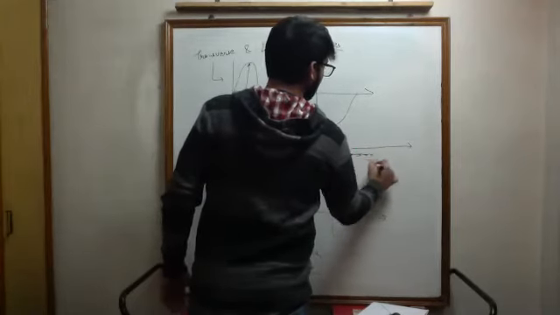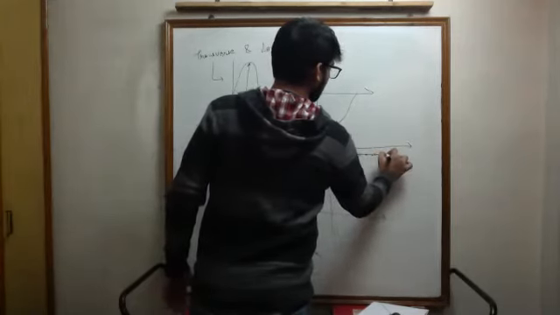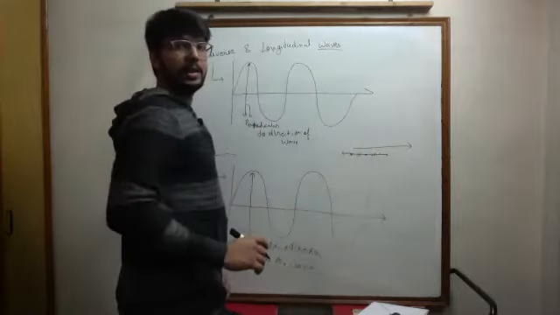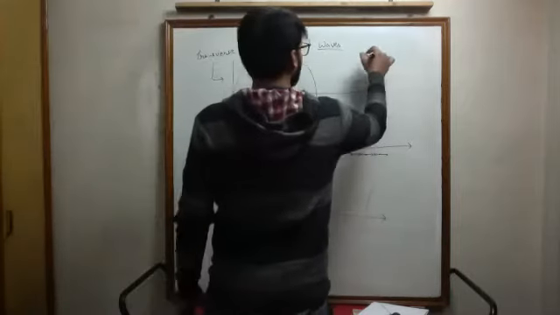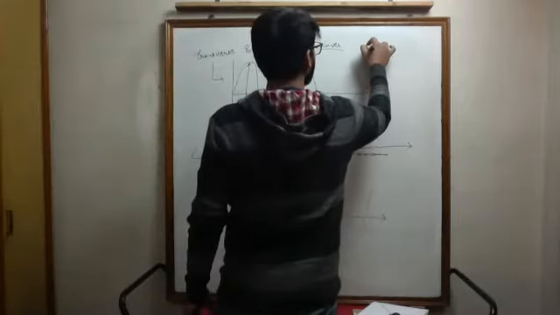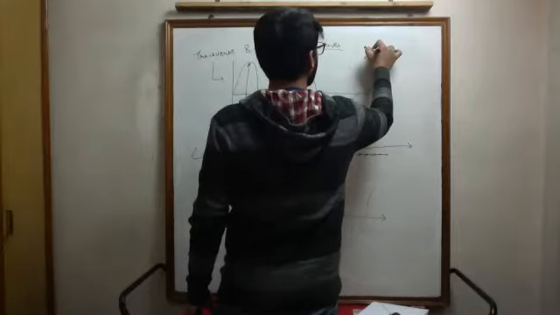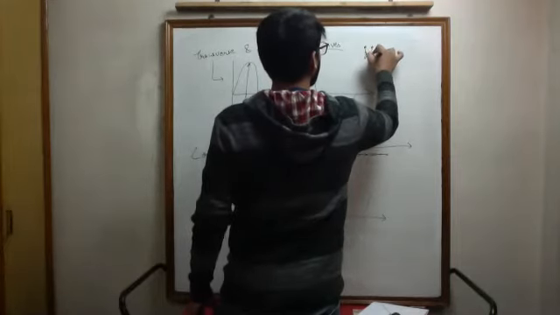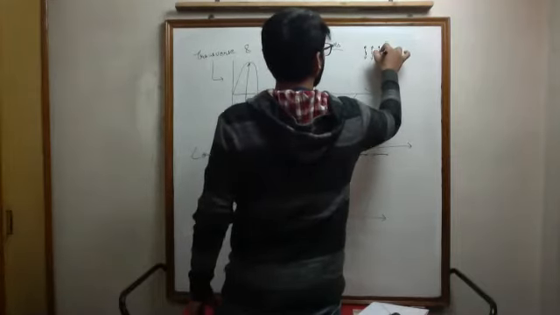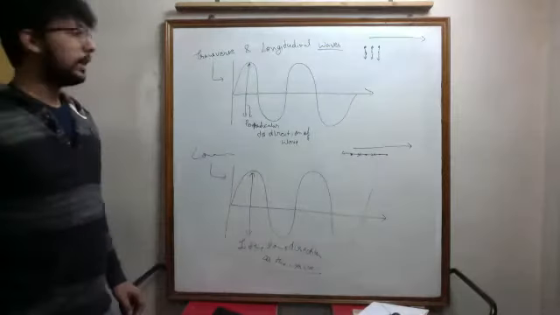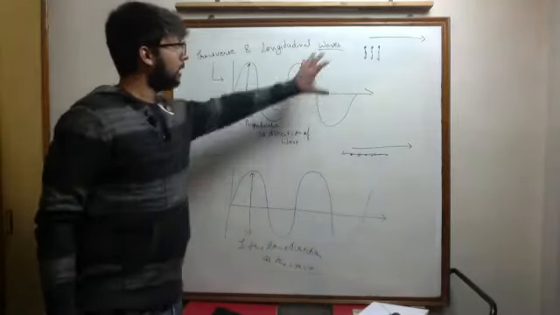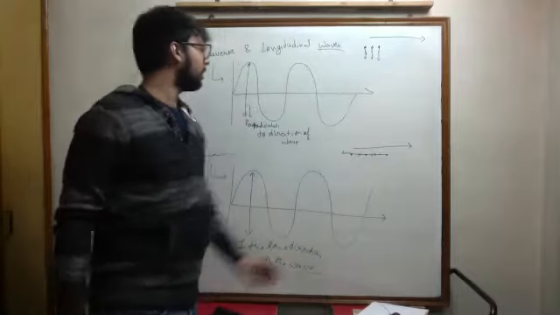So each particle moves this way, and the wave itself is also moving that way. In transverse, what is happening? Each particle is moving up and down, and the wave is moving this way. ठीक है? Now ये तो जब मैं इस तरह का डायग्राम बना दूं तो सही था.